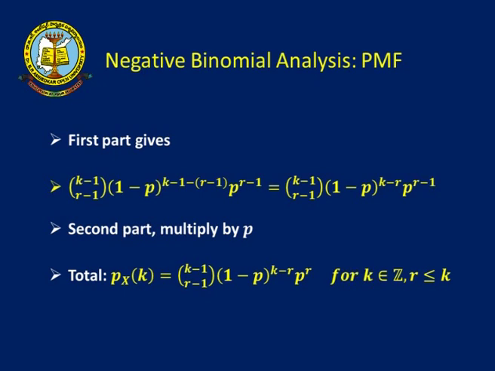The first part gives k minus 1 C r minus 1, (1 minus p) whole power k minus 1 minus (r minus 1), p power r minus 1, the same as earlier: k minus 1 C r minus 1 with (1 minus p) whole power k minus r into p power r minus 1. P of k we are writing as 1 minus p into p. The second part is multiplication by p. So P of X equals k is k minus 1 C r minus 1, (1 minus p) whole power k minus r into p power r, for k greater than or equal to r.